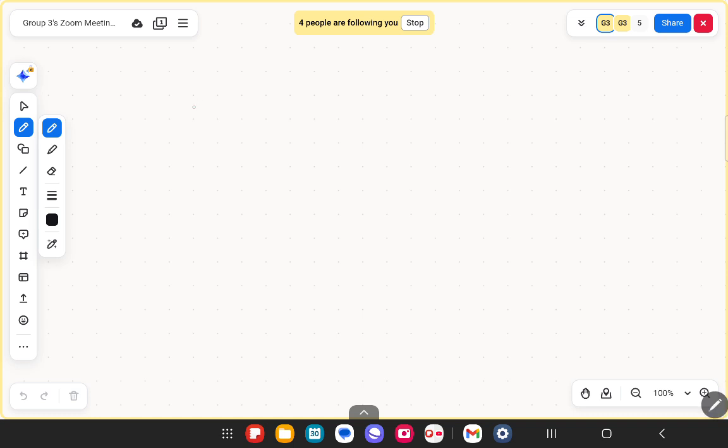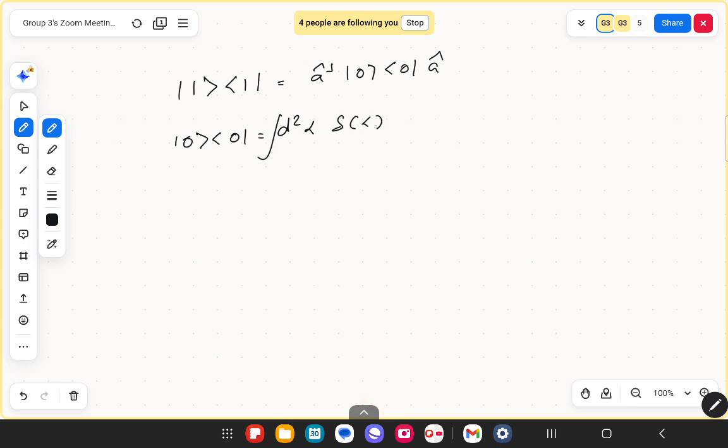So, we know that the outer product of the 1 state is equal to a† |0⟩⟨0| a, and with the delta function of α.